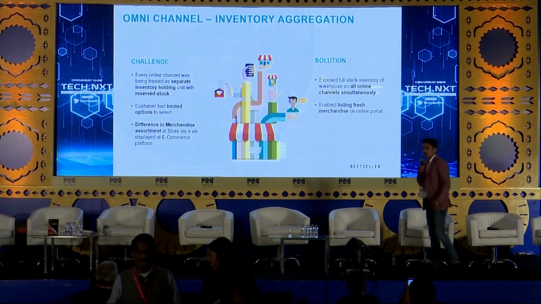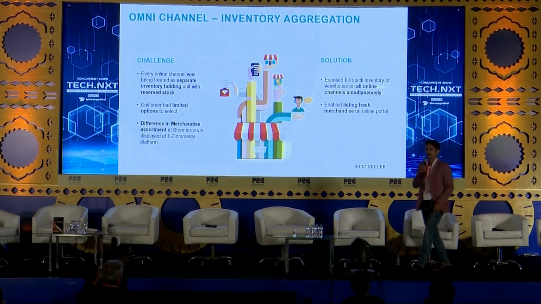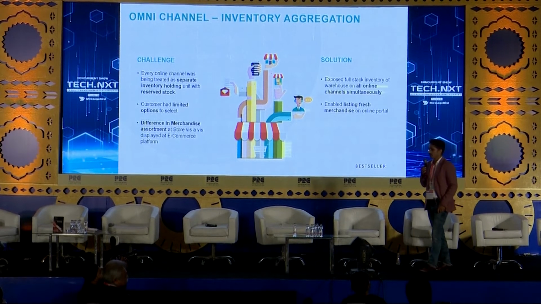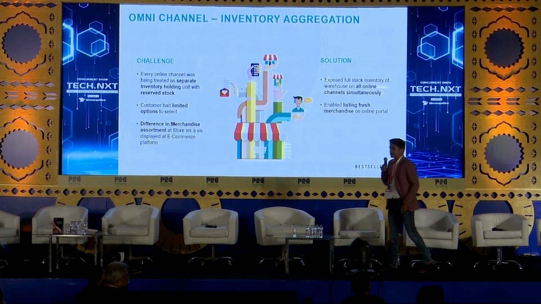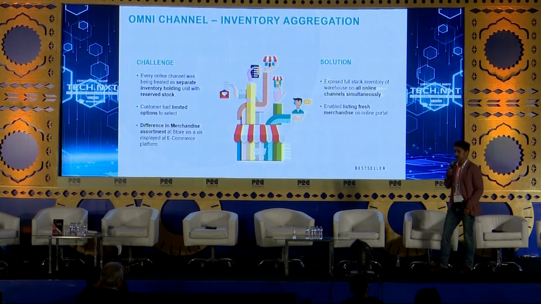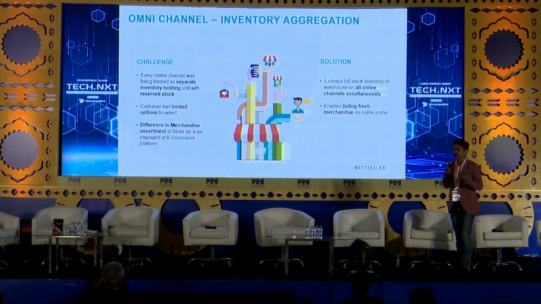So how we approached it, I think we took Omnichannel to the stage where we are in 2 steps. In the initial stage, it was more of an inventory aggregation. The way we were working, we had reserved inventory for each of our channels.